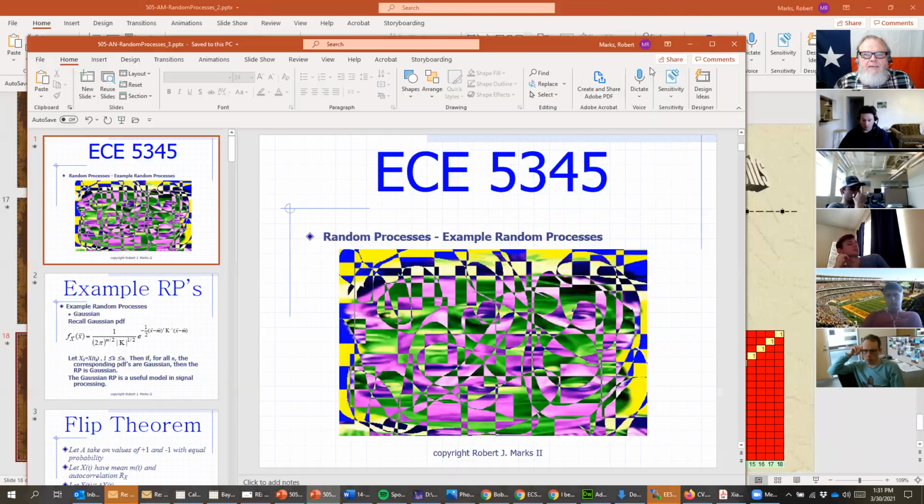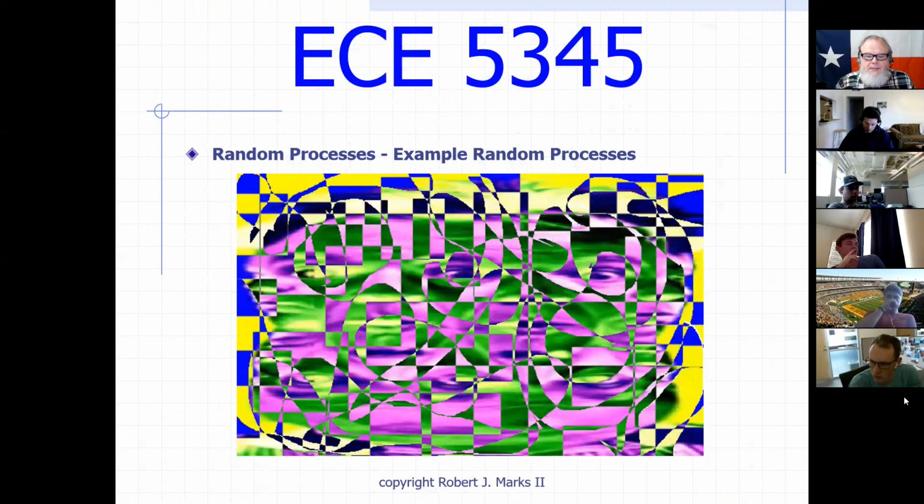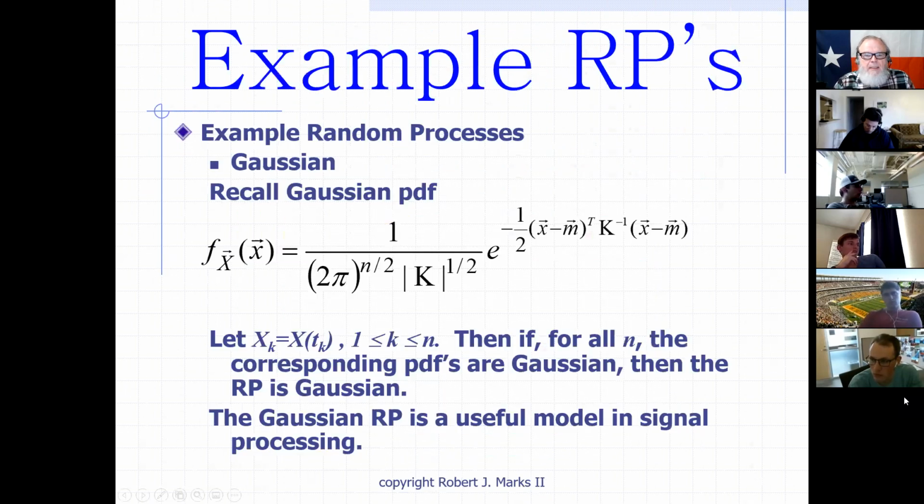So let's talk about some different random processes here. And this is the new slide deck, if you will. You recall the Gaussian probability density function. This is something which is going to become very, very important in engineering.